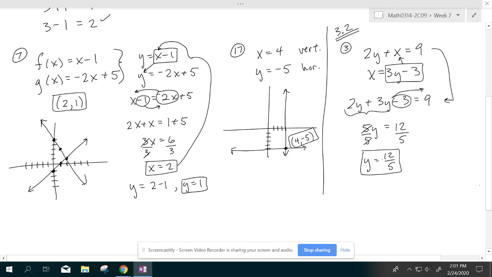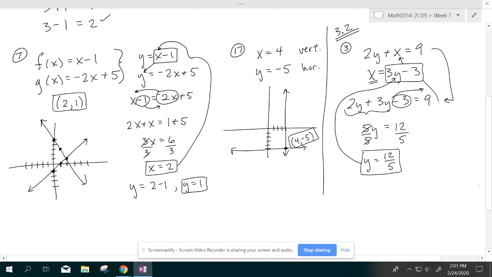Oh, wait a second. I'm not done, am I? I got y. What do I need? And so what I'm going to do is I'm going to be specific about where I plug this back in this time. I'm going to plug it back in right here because that's where I have x by itself. I'm looking for x. I'd like the equation that says x equals.